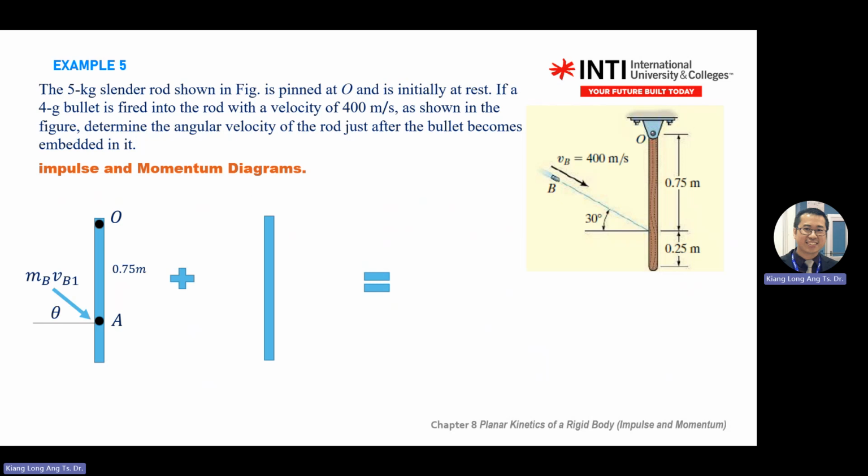You look at what happened at the rod. So before, the rod is coming in with a momentum hitting point A at a certain angle. This one is at 30 degrees. Distance O is 0.75. This is the H, the angular momentum.